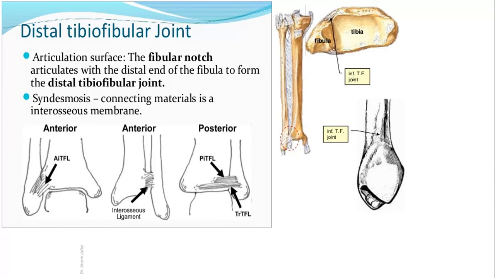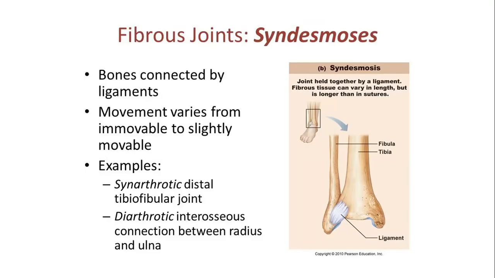Movements: almost no movement occurs, or very slight movement, as you can see they only separate apart and come closer together. So we have fulfilled the requirement of understanding the joint.